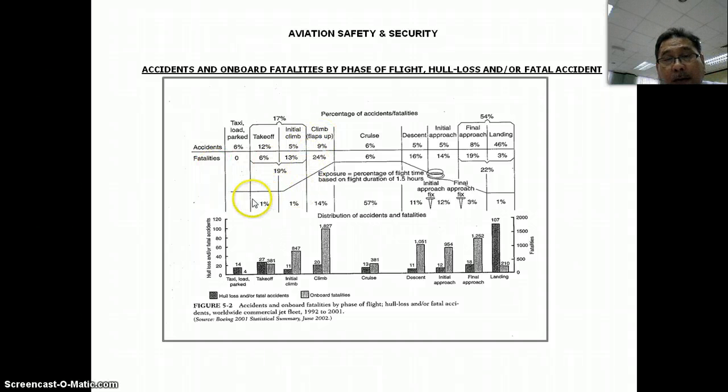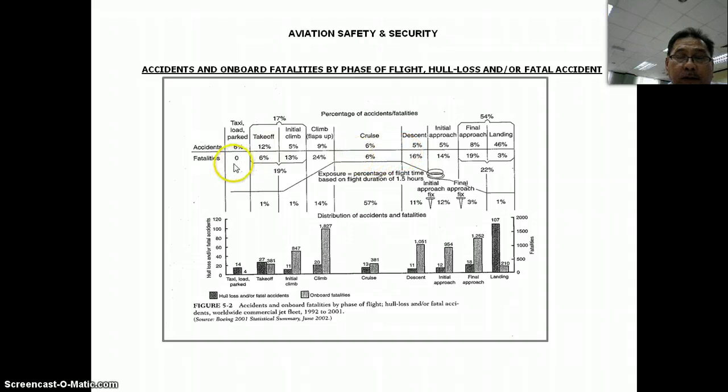During climb, if you look at the graph over here, it's about 9% accidents, but the fatality is 24%. During cruise, the aircraft is literally cruising, so the chance of accident is slightly lower compared with takeoff and initial climb.